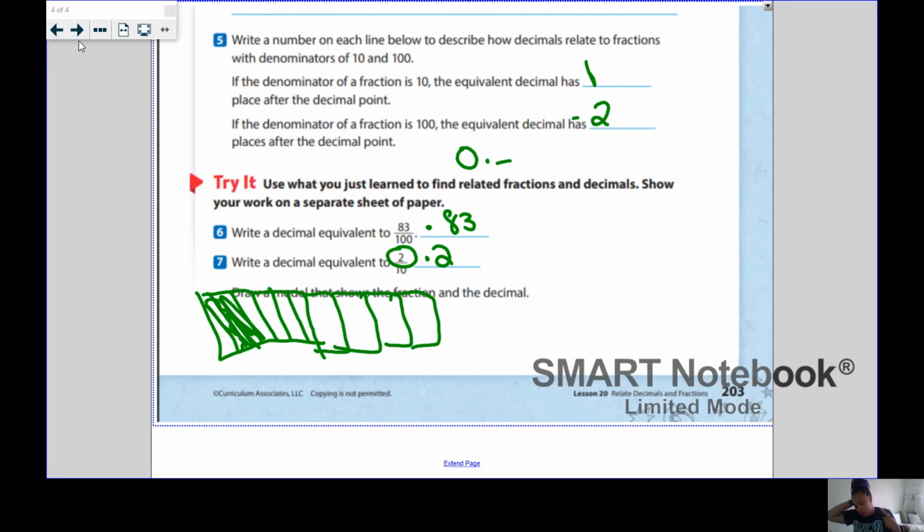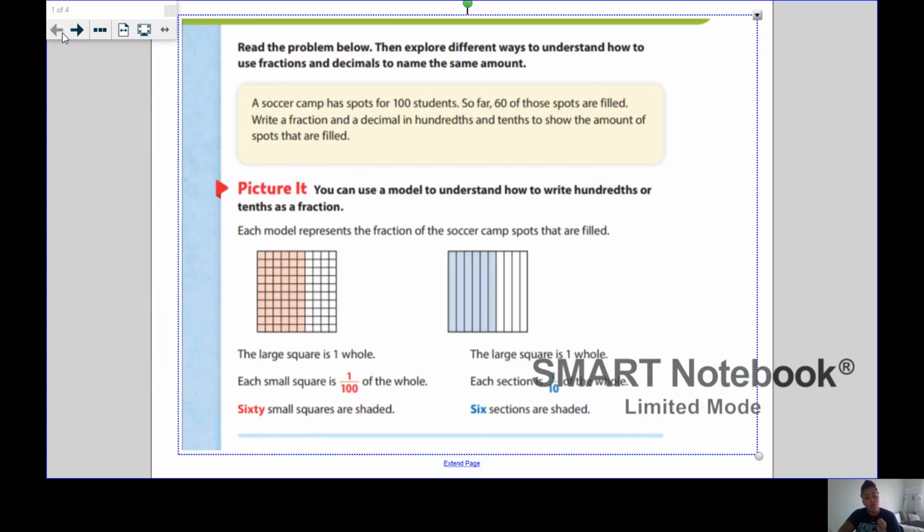And then, also if we're going back to this slide right here, how could you write 60 hundredths as a decimal with just tenths? Because 60 hundredths is equivalent to 6 tenths. Oh, I almost gave you the answer. Almost gave you the answer, guys.